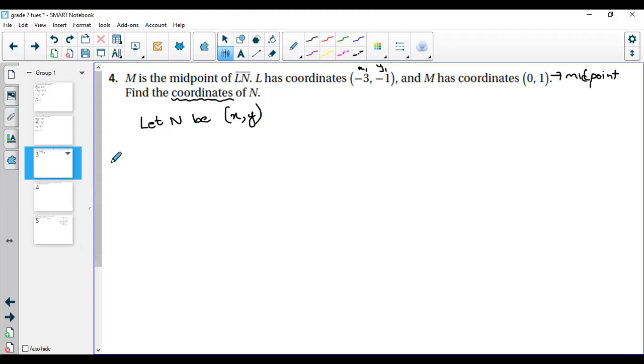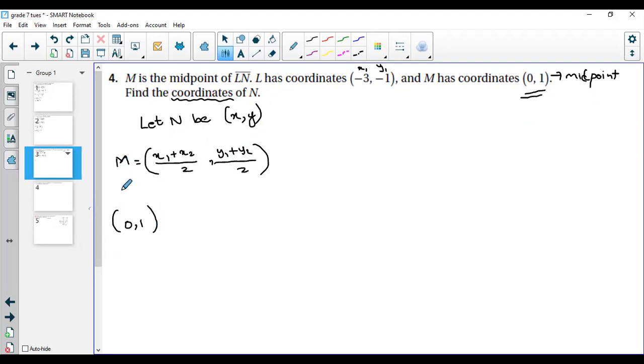Write the formula. M equals x1 plus x2 divided by 2, y1 plus y2 divided by 2. So here, in place of M, we can write these coordinates because they're the coordinates of the midpoint. So I'm going to write it as 0, 1.